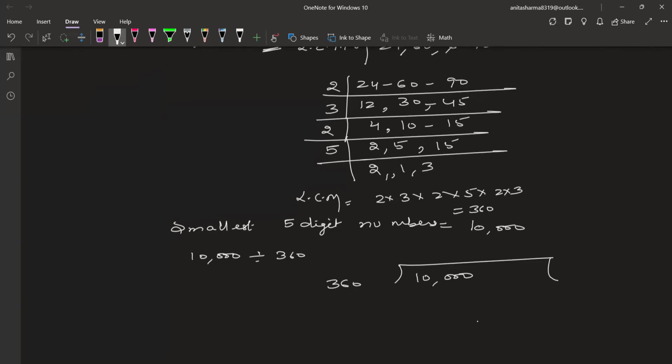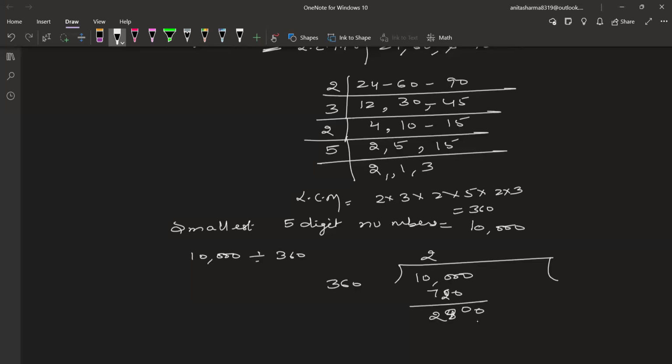Ma'am, 0 cancel then. Yes, or just you can solve like this. 36 2s are 72, it will be 760. So 0, 4, 9 minus 7 is 2. Then copy down, it will be 72. So it will be 8, right? So 1800, 2800.